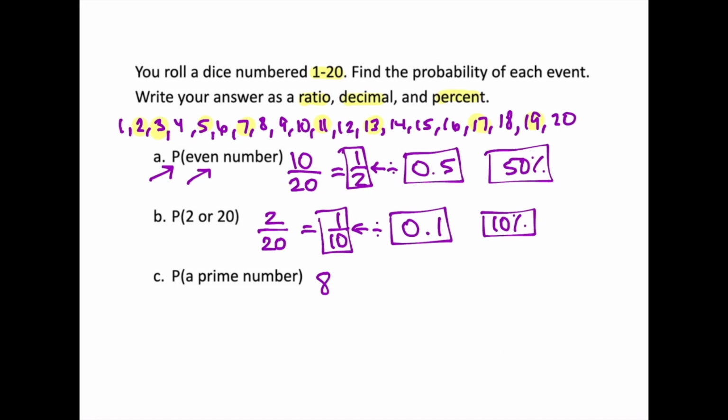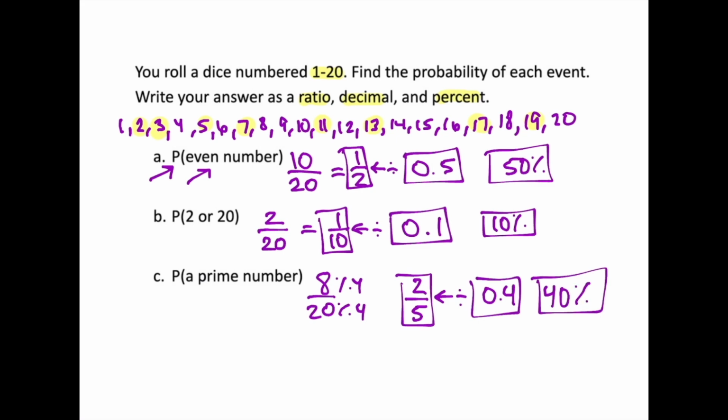That's 8. So we have 8 out of the 20 numbers. We can simplify that by dividing 4 out of both numbers. That gets us 2 over 5. To turn it to a decimal, we can divide, which gets us 0.4, and then move that decimal place over to get 40%. So we have our fraction, our decimal, and our percent.